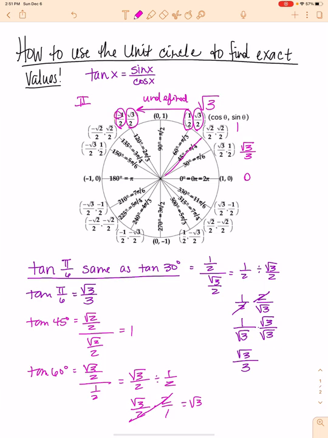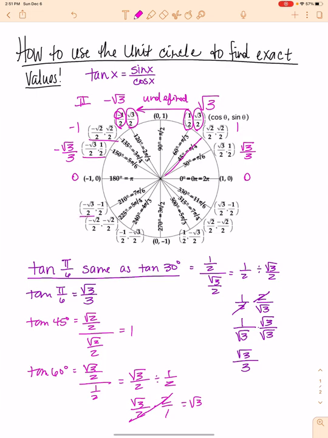It's just that now the cosine is negative. So instead of having radical 3, you're going to have negative radical 3. And here, instead of having 1, you're going to have negative 1. And here, instead of having radical 3 over 3, you're going to have negative radical 3 over 3. All right, so that means that your tangent value here is going to be 0 because those reflect. That doesn't change. 0 can't be negative.